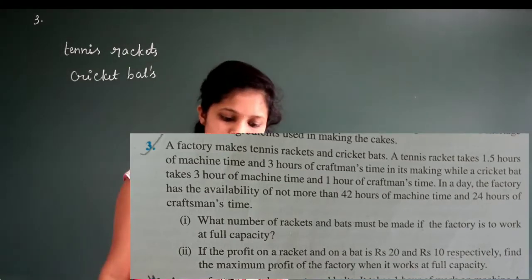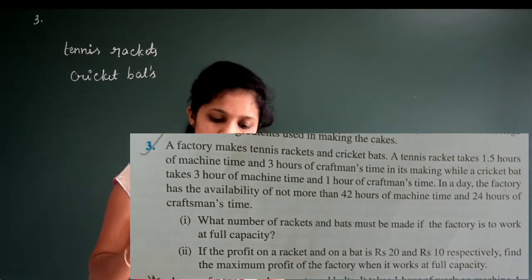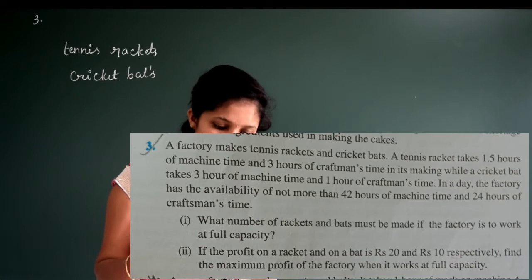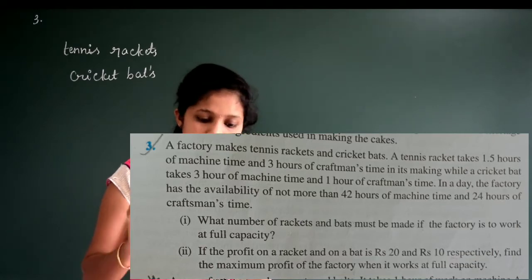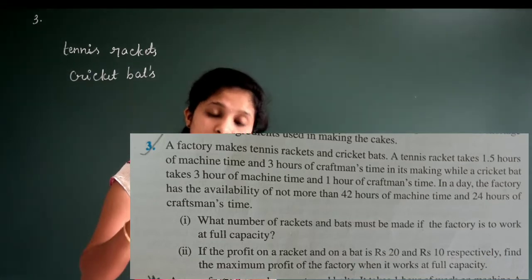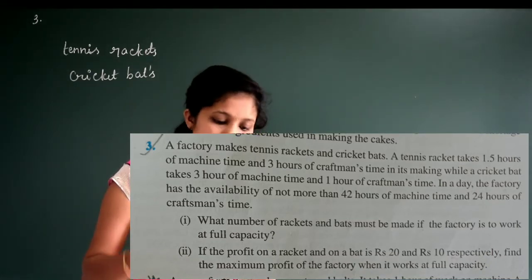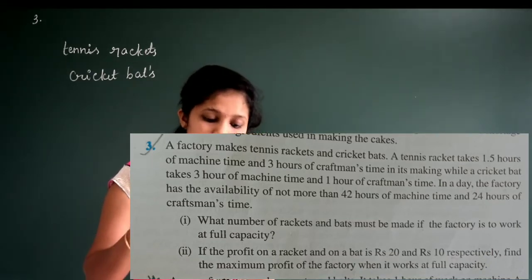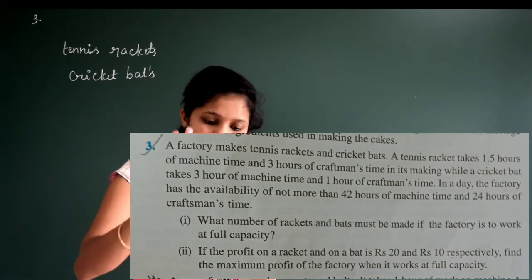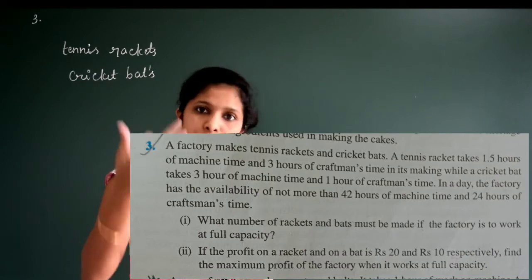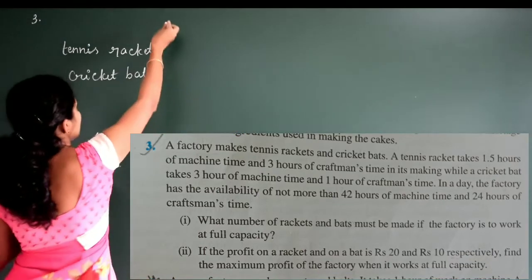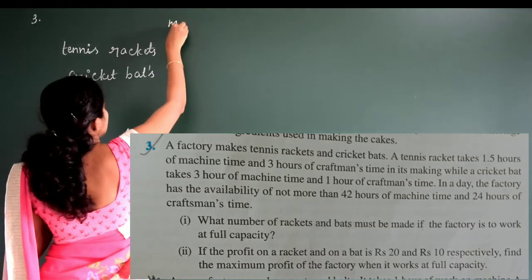Now a tennis racket takes 1.5 hours of machine time and 3 hours of a craftsman's time in its making, while a cricket bat takes 3 hours of machine time and 1 hour of craftsman time. So there are two types of time, right? One is the machine time, another one is the craftsman's time.